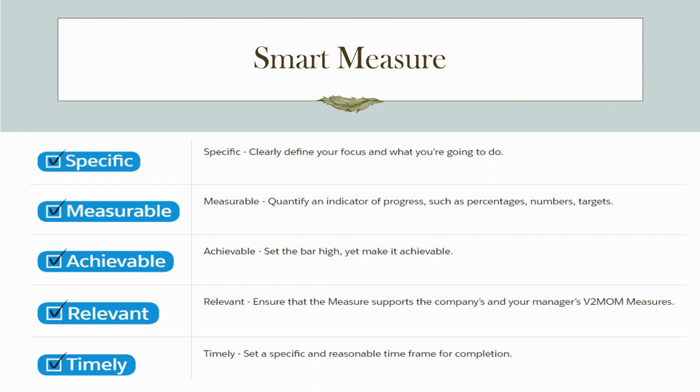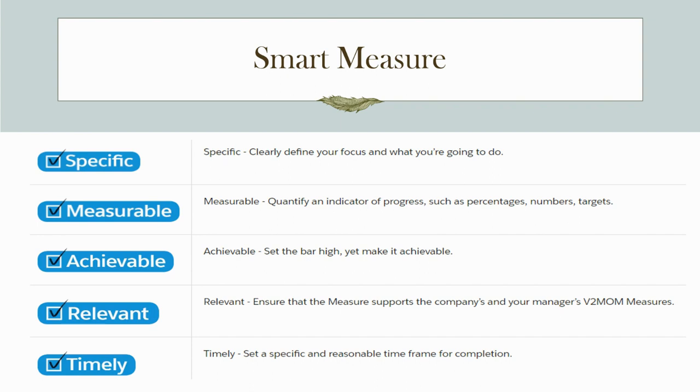No process comes out of nowhere, right? The process should be relevant to what is currently going on in your organization. So ensure the process is relevant.